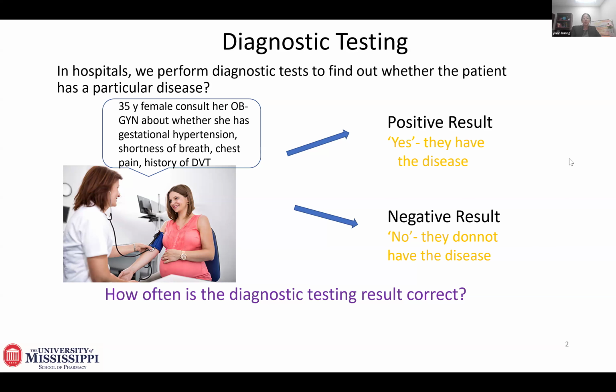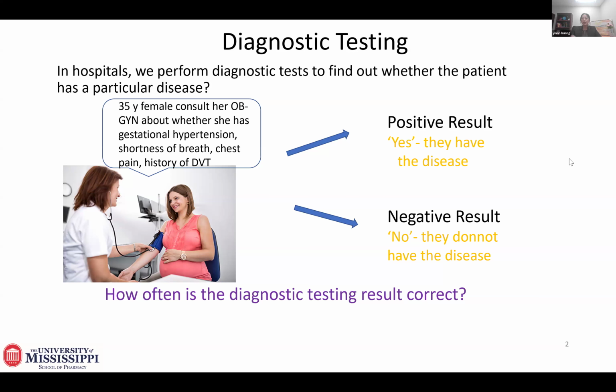To answer her question, obviously the doctor will perform some diagnostic testing to find out whether the patient has this particular disease. The possible results of the diagnostic testing can be positive, showing that yes, the patient has this gestational hypertension. The result can also be negative.